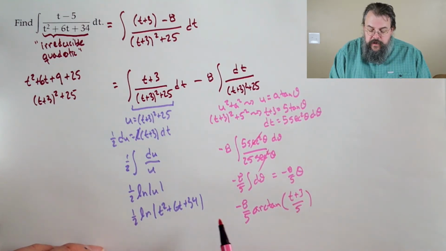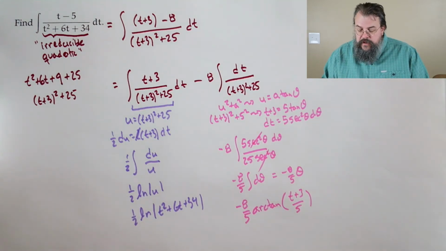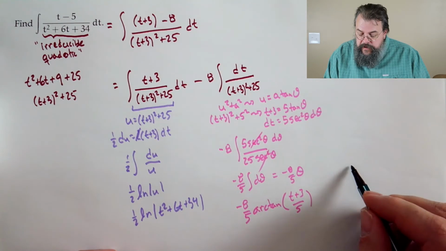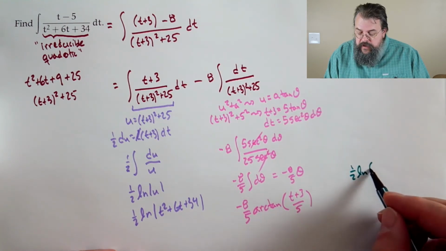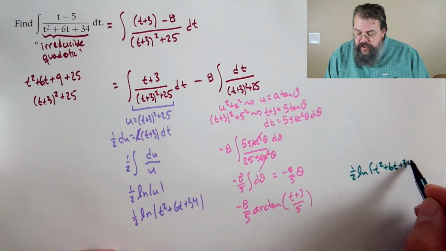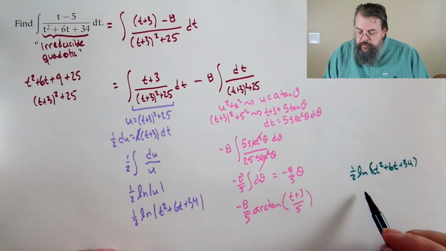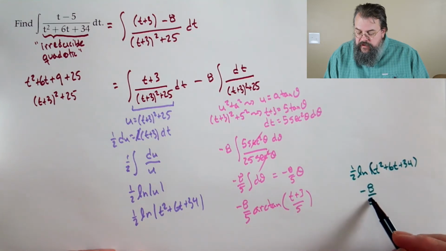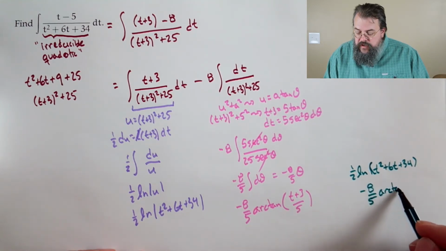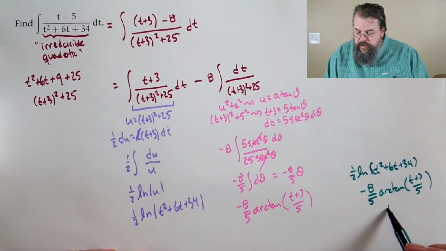And therefore, our answer, putting these things together, is 1/2 log of t^2 + 6t + 34. We actually don't need an absolute value because this is strictly positive. Minus 8/5 arctangent of (t+3)/5, and then plus c.